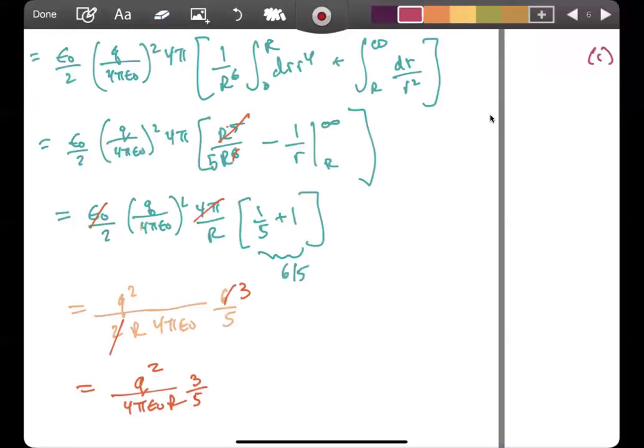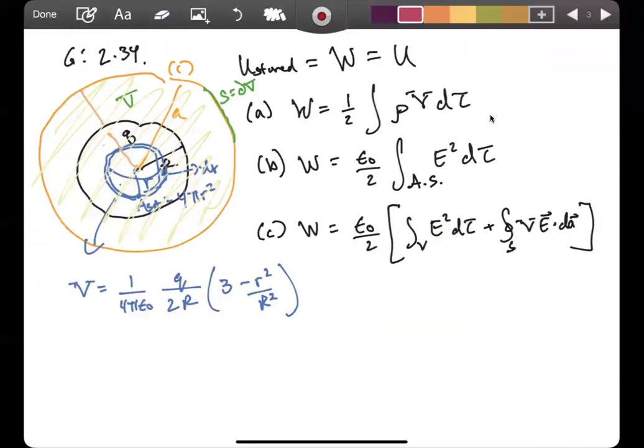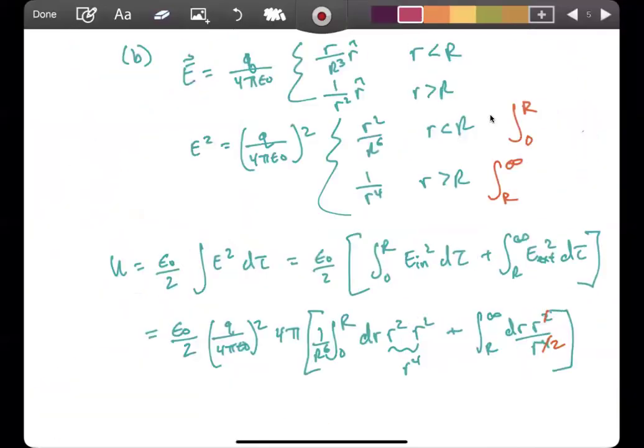Now, let's go back a little bit. So my dA for this guy, of course, is going to be pointing in the radial direction, which means all I care about then is the radial portion of the electric field, which, of course, is what it's pointing in. So it means the dot product between those is just going to give me the magnitude of the electric field times the magnitude of dA, okay?